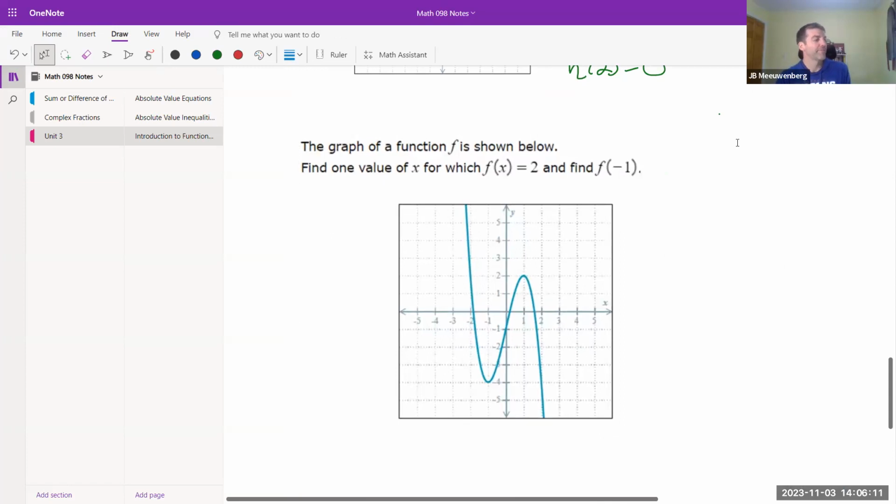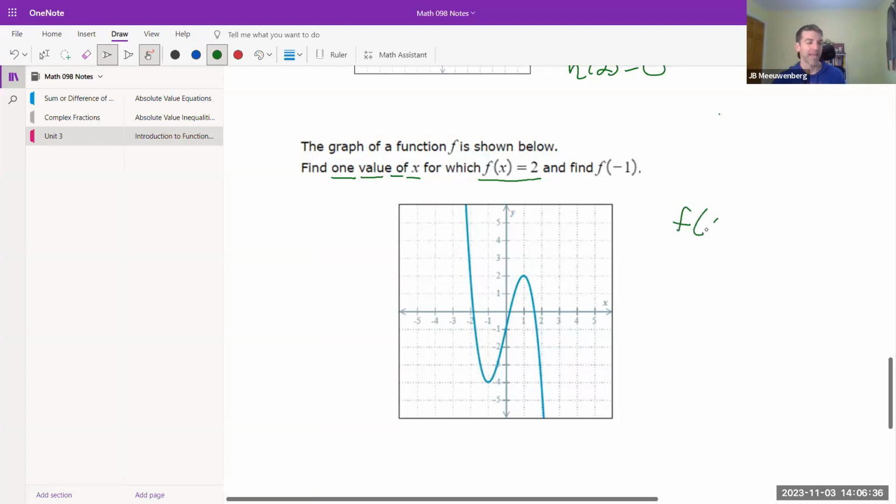The graph of a function f, so there's your name, it's called f, is shown below. And then there are two separate questions. The first one says, find one value of x for which f of x equals 2. This is a different question than the one before.